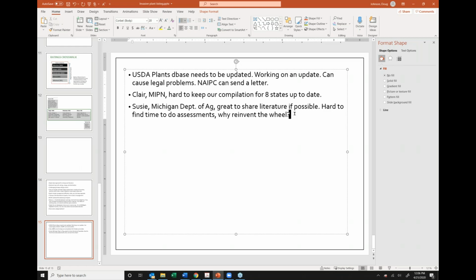So what I've been doing is I have all the literature for all the species in a Dropbox, organized by species, and I've shared it with different states who wanted it. But it would be nice to have a different way to do that. That's a good solution. I think even just sharing the citations, for this species, these papers were useful. Yeah, and people could see that on our assessment online, but it's even better if you could actually send someone the whole group of papers, have fun, and if you add anything new, send it back to me so I can add it.